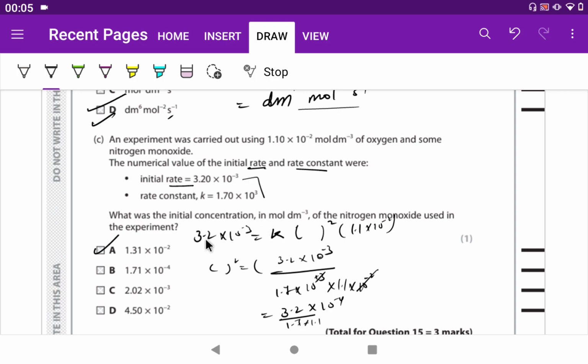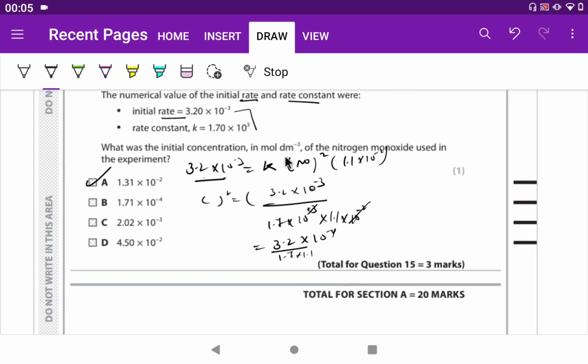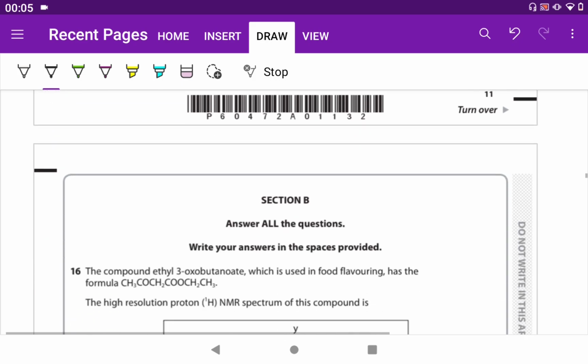The initial rate was this, k, and this was the concentration of nitrogen monoxide squared. After calculation we get the concentration of nitrogen monoxide as 1.31 × 10⁻² mol per dm³. So the correct answer is A.